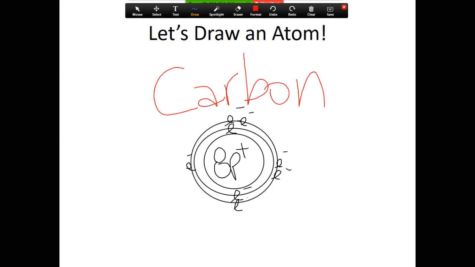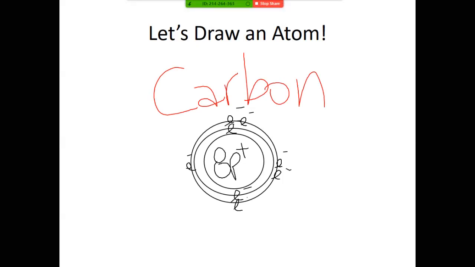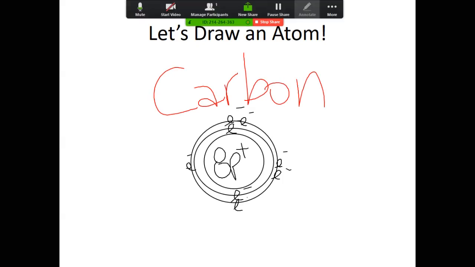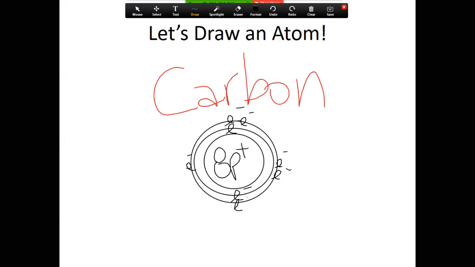So I most definitely would encourage you to practice drawing some atoms on your own. The ones that are going to be the most important for us, I'll make you a short list here. Carbon is very much important for us.